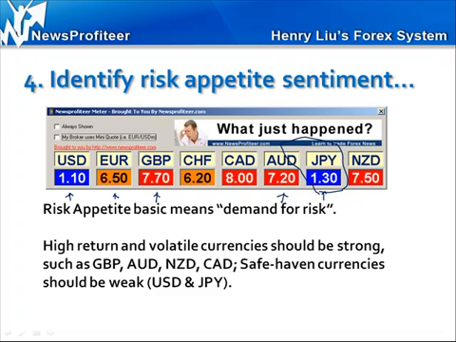So if you identify this during a London session, you might be able to hold on to this trade until the New York session. There are a lot of ways to trade this, but the idea here is to really be able to identify the sentiment, and once you are able to identify the risk sentiment, you can basically follow it, and it will give you a good return and a good profit.